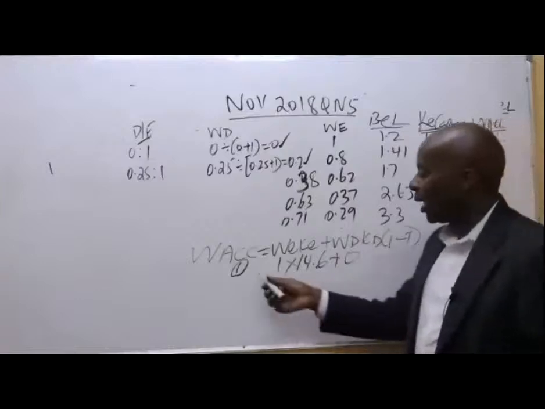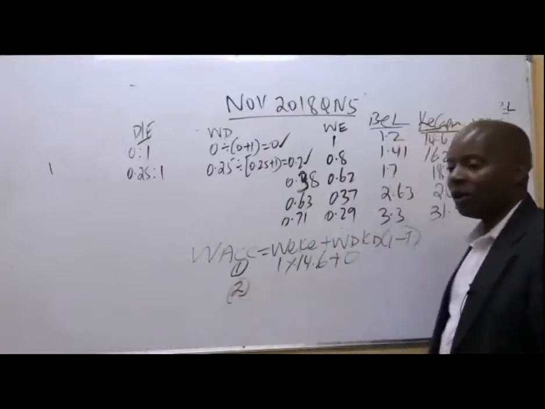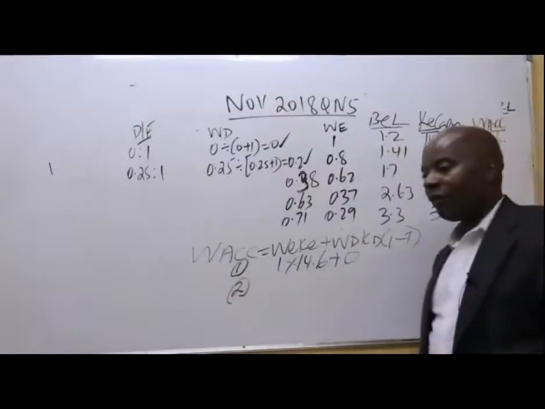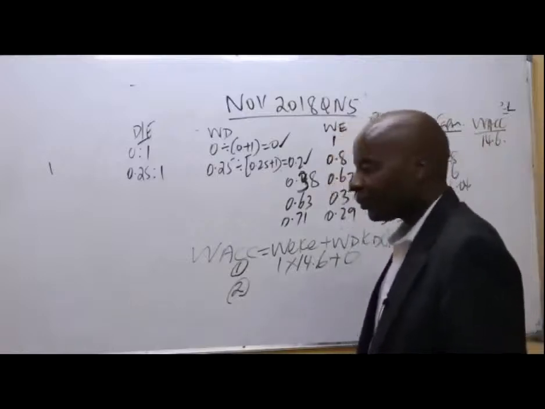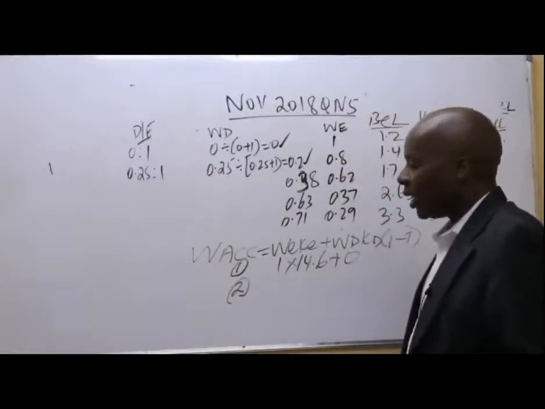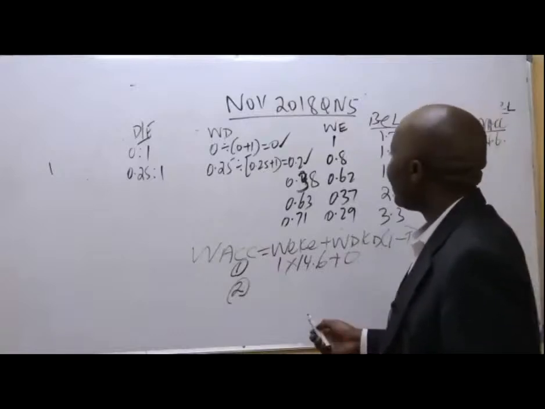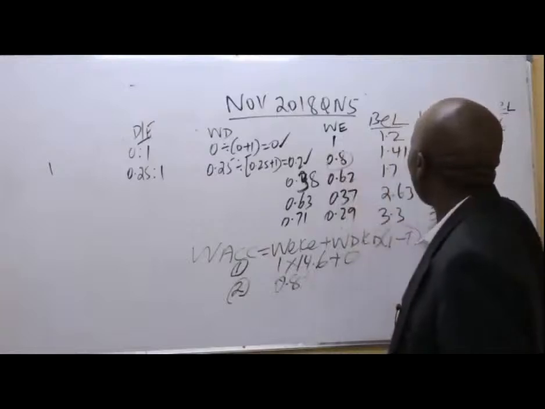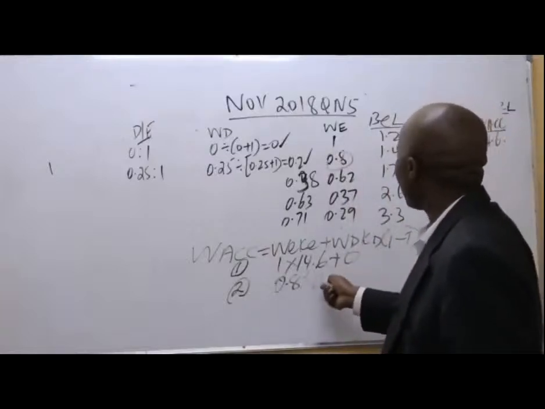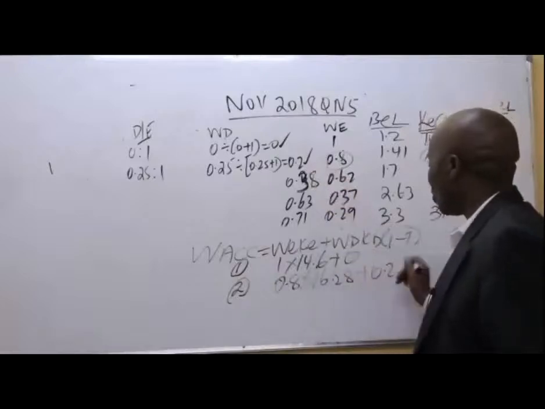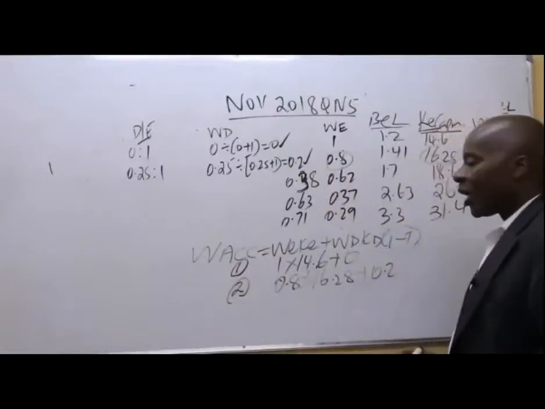So come and give us the second WACC. At the end of the day, for the second WACC, I know the weight of equity is 0.8 times the cost of equity, the second one, 16.28, plus the weight of debt, which is 0.2, multiplied by the cost of debt.